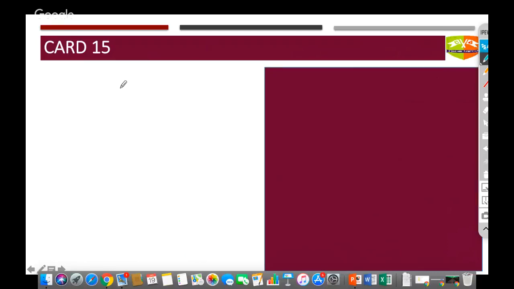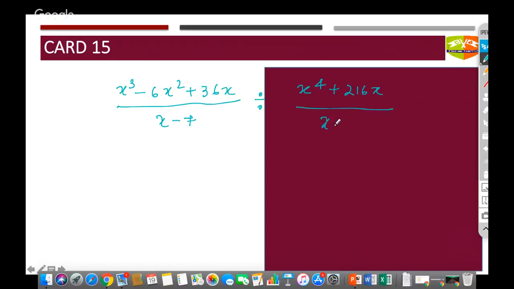Let me take x cube minus 6x square plus 36x divided by x minus 7, and that is divided by x to the power 4 plus 216x over x square minus 4x minus 21. This is a good question. Now let me solve it one by one.